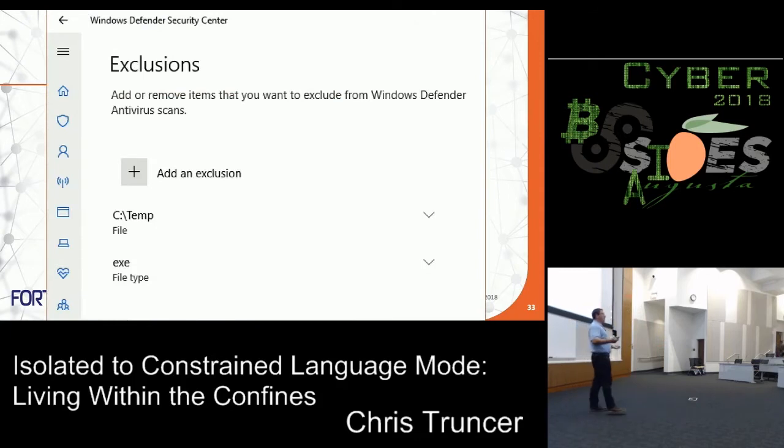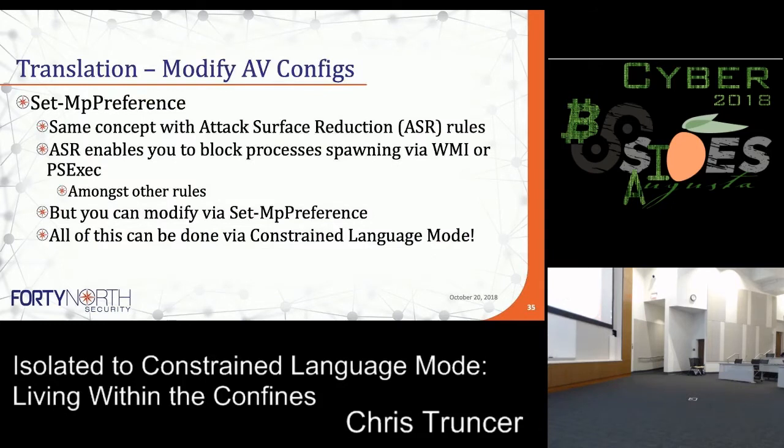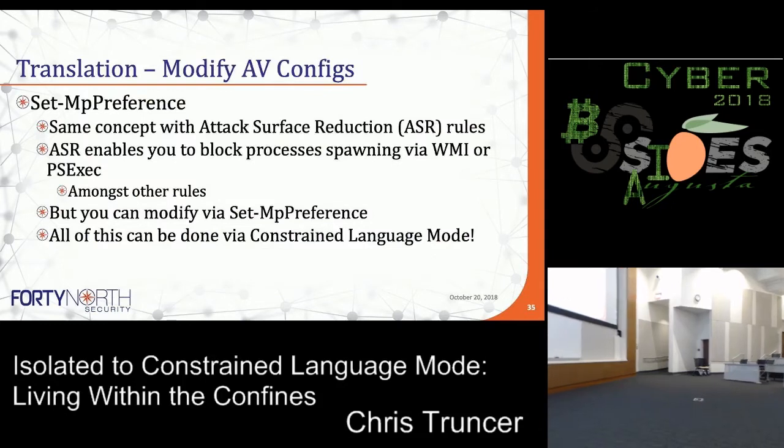If you were to pull up Windows Defender on that remote system where you sent this, you would see that information, like C:\temp and exe is completely allowed. And right here is the command line example where if we were to run Get-MpPreference, we can see, yes, that is actually allowed on the system. I'll have that up in just a second.